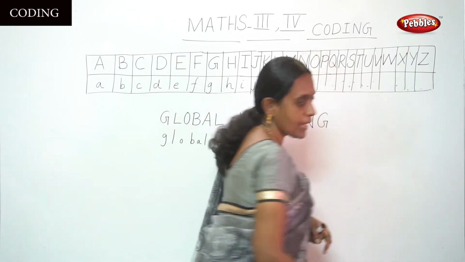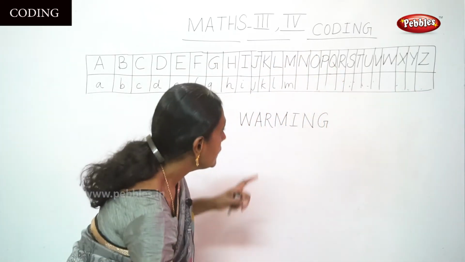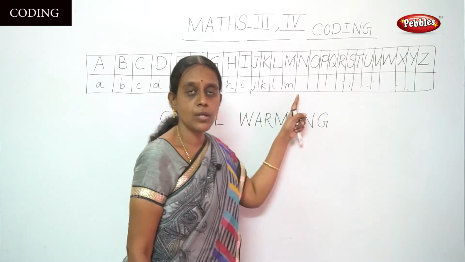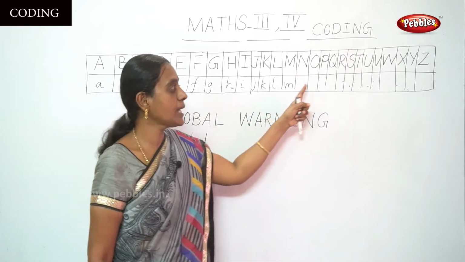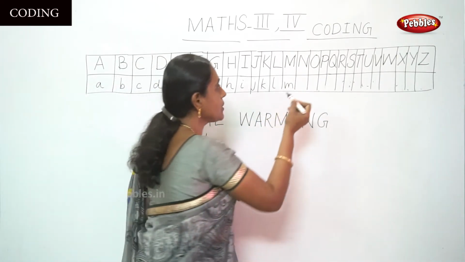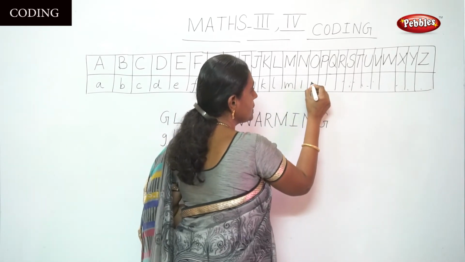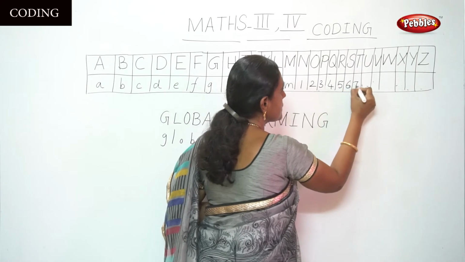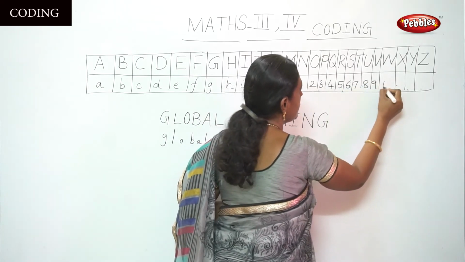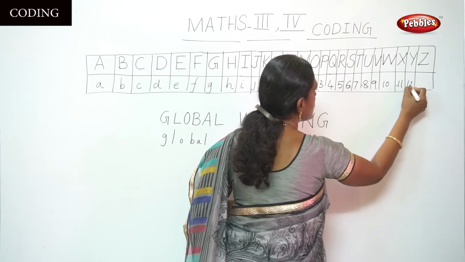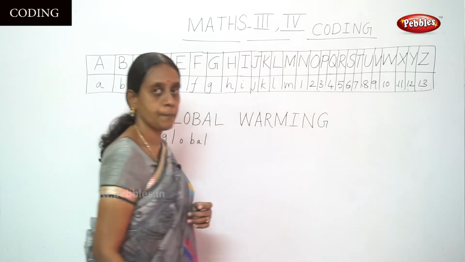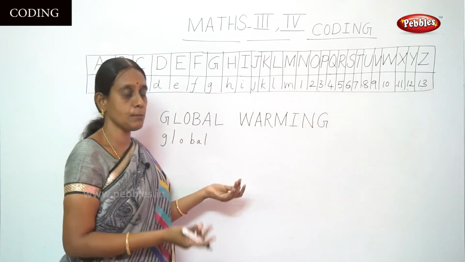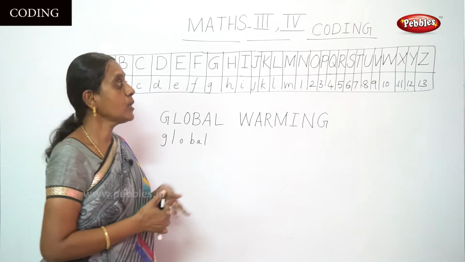For the small case letters from N to Z, we write numbers 1, 2, 3, 4, 5, 6, 7, 8, 9, 10, 11, 12 and 13. We can use numbers in coding also.